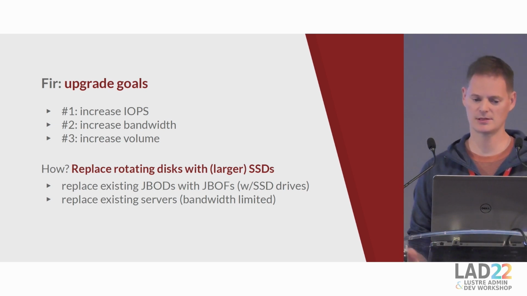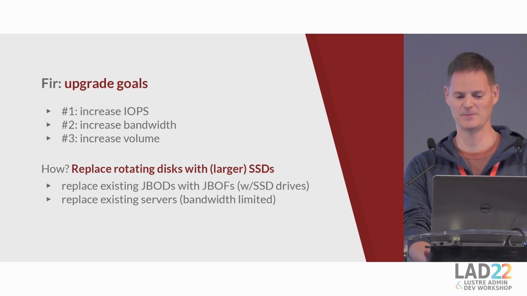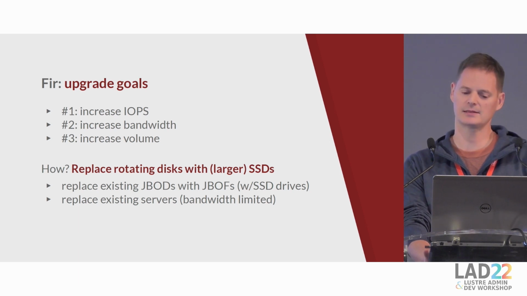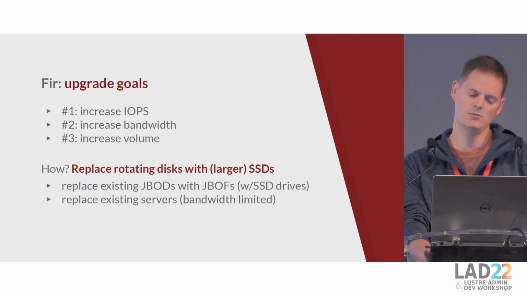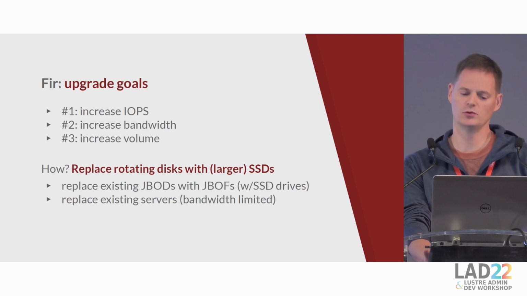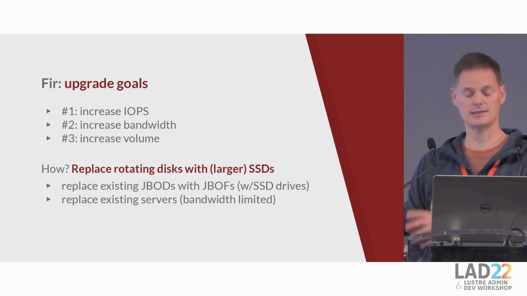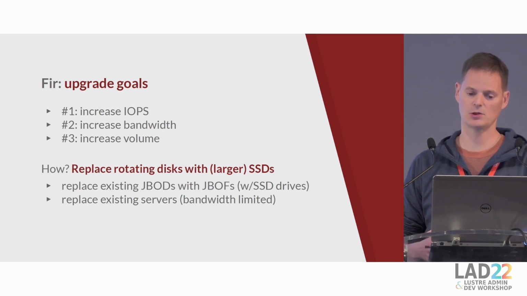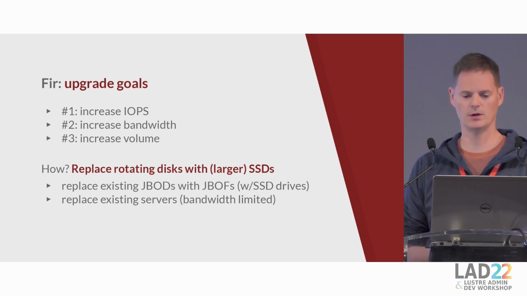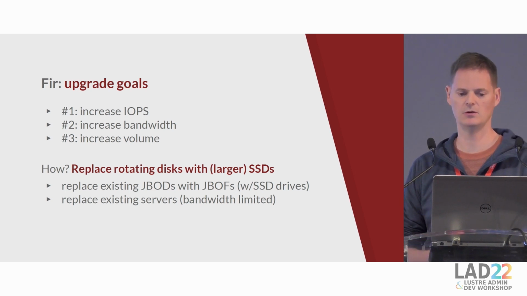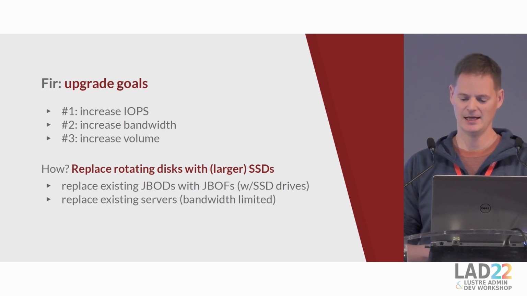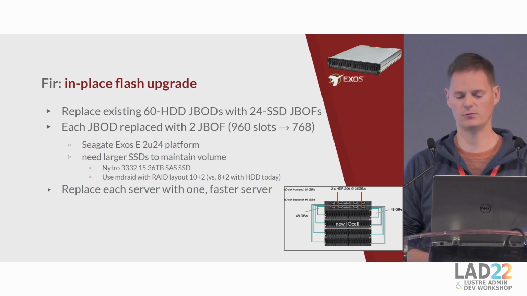So three goals, it's a lot to ask, but we are going to do that in an easy way. I think it's to replace our current JBODs and servers with SSDs. So nothing as fancy as the previous presentation about NVMe over Fabric for now. Let me present what we are going to do.